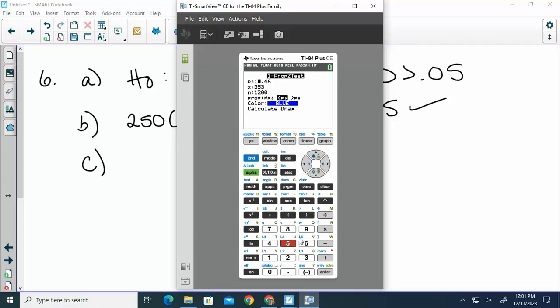Number 5. Though, this looks better. P of the null. So that is 0.05. The x was 17 in 250. Proportion we were testing greater than.